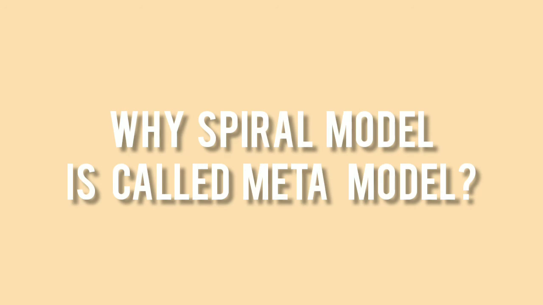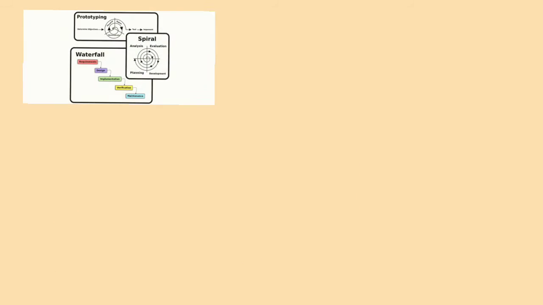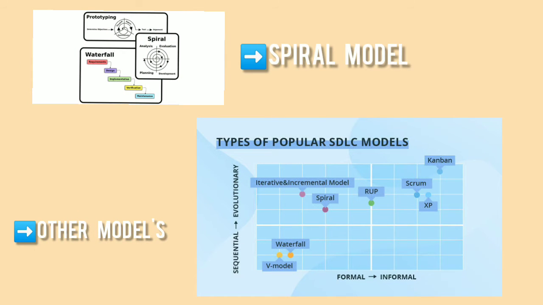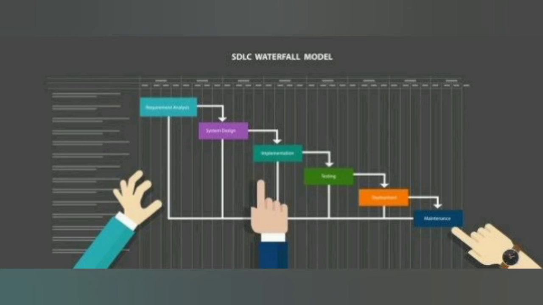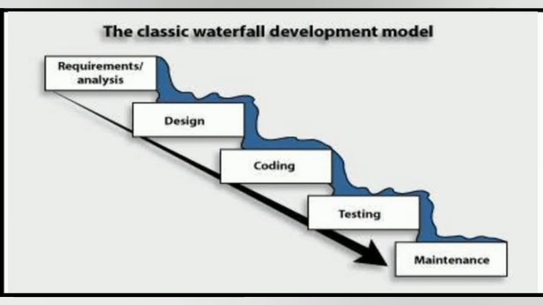Why is the spiral model called a meta model? The spiral model is called a meta model because it subsumes all the other SDLC models. For example, a single loop spiral model actually represents an iterative waterfall model. The spiral model incorporates the stepwise approach of the classical waterfall model.